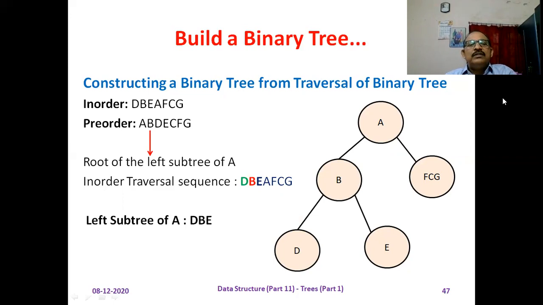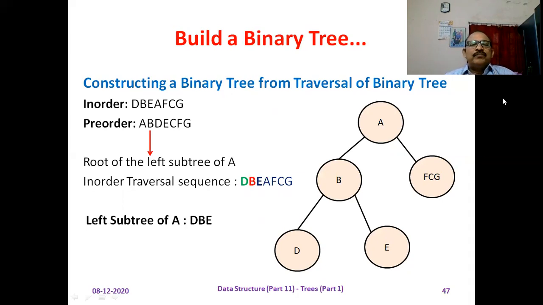Here you can see the next node is B, and B belongs to D, B, E. B belongs to the left subtree of A, so B is the root of the left subtree of A. Is it clear?